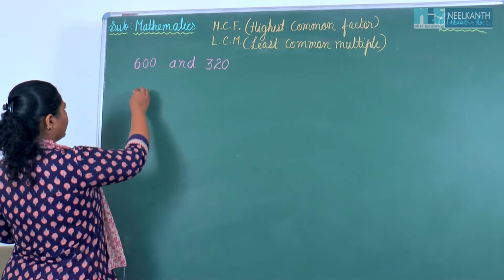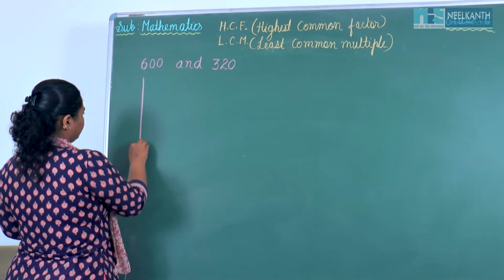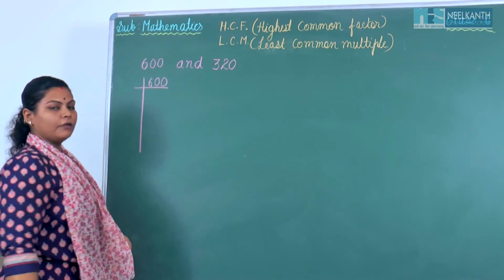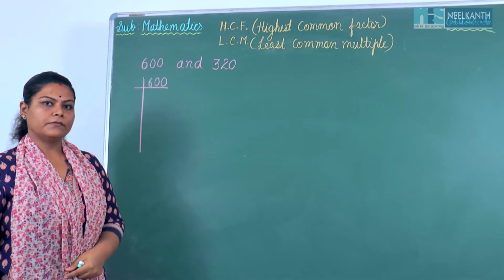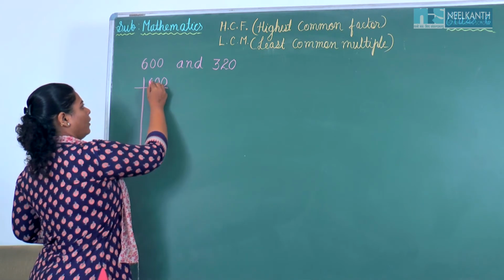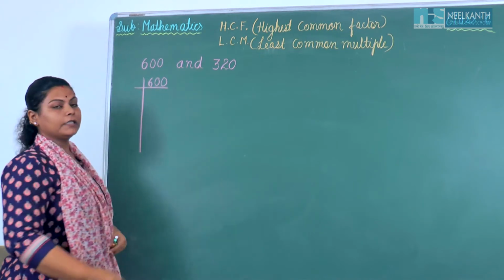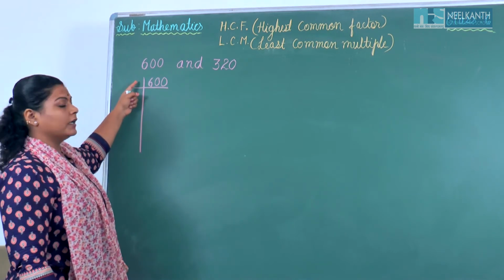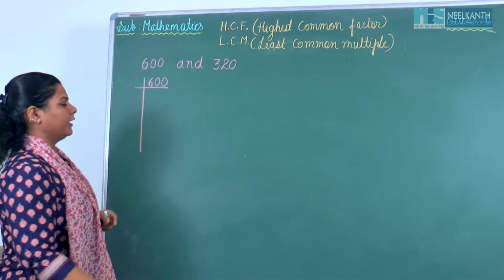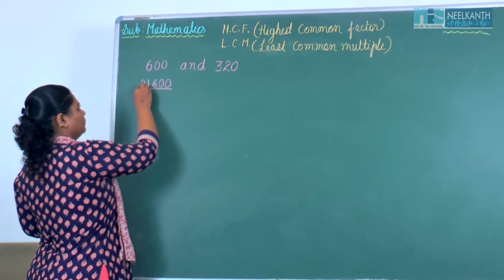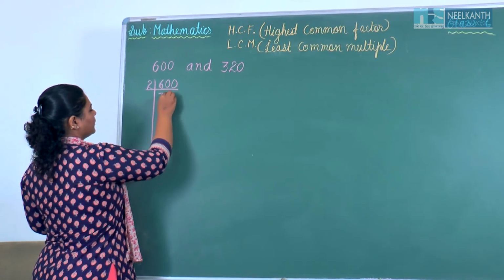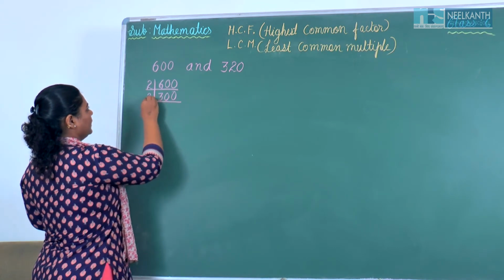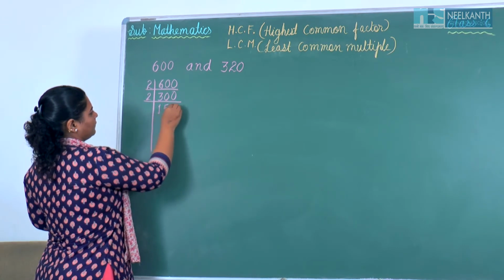As per the prime factorization method, we have to find the prime factors of the given numbers. First I will find the factors of 600, and we all know that while finding factors by prime factorization, we have to start dividing by 2. This number is divisible by 2, so here it will be 300. If we divide 300 by 2, it will be 150.